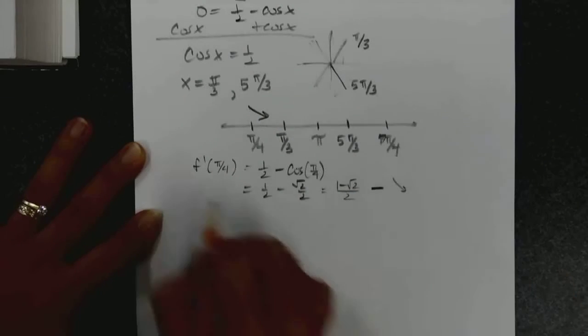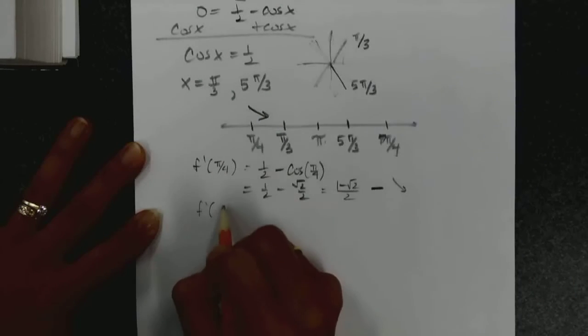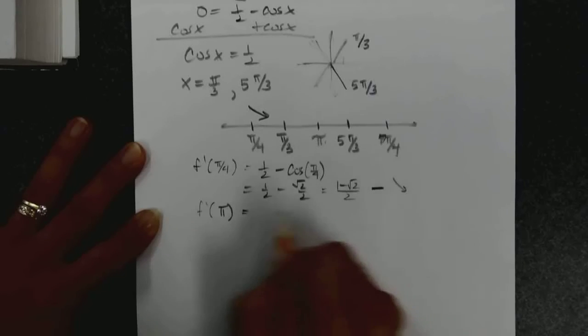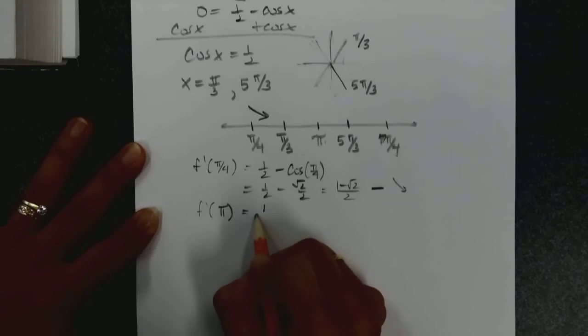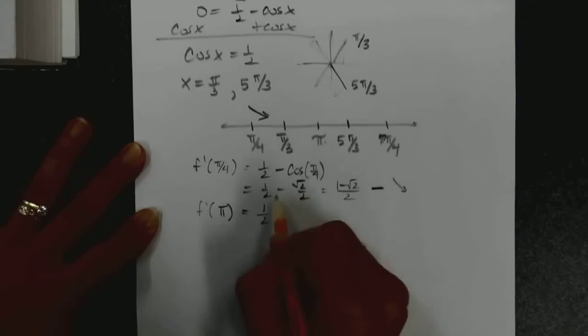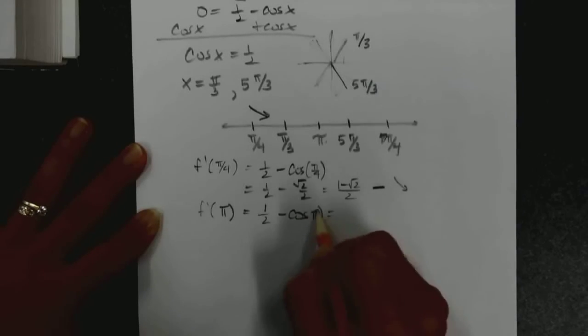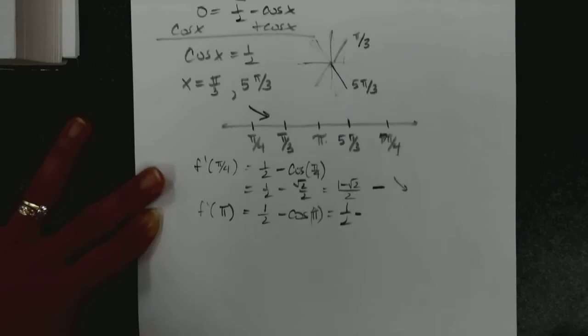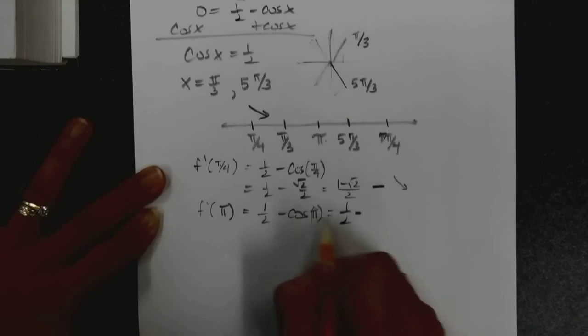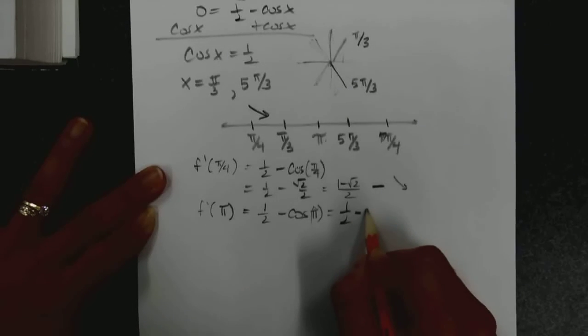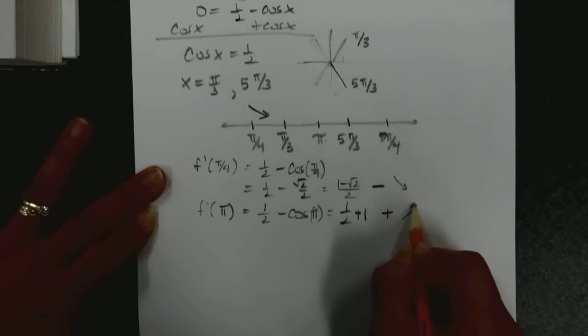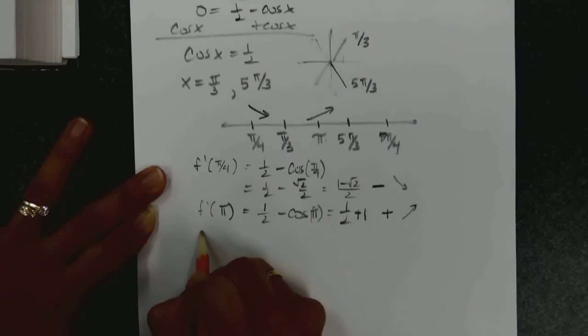So I have a decreasing value, and then I'm going to find at pi, and at pi this is 1/2 minus cosine of pi, which makes it 1/2 minus a -1, which makes it a +1. So this is positive. So from here to here, it's going up.